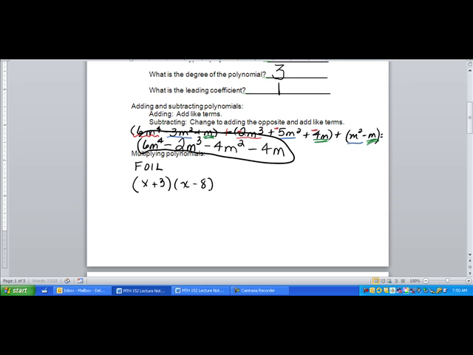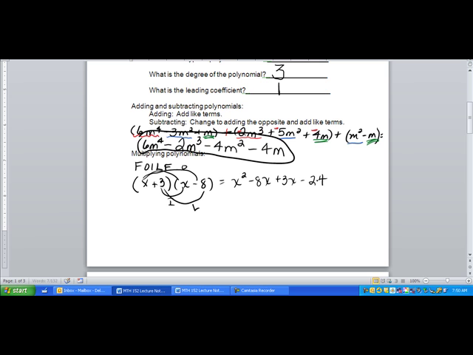Okay, the F is for the first ones in each of the sets of parentheses. Then outside is negative 8x. Inside is positive 3x. And last is 3 times negative 8 would be negative 24.